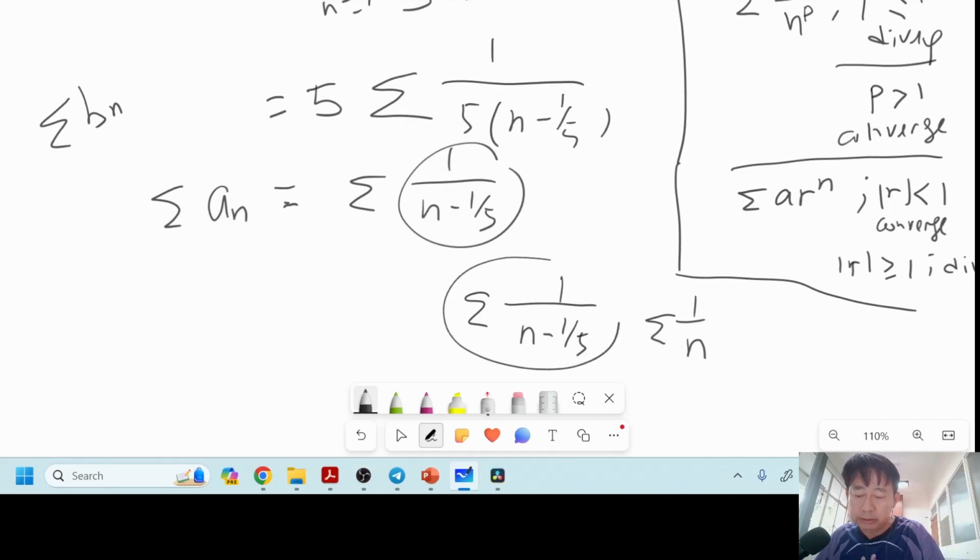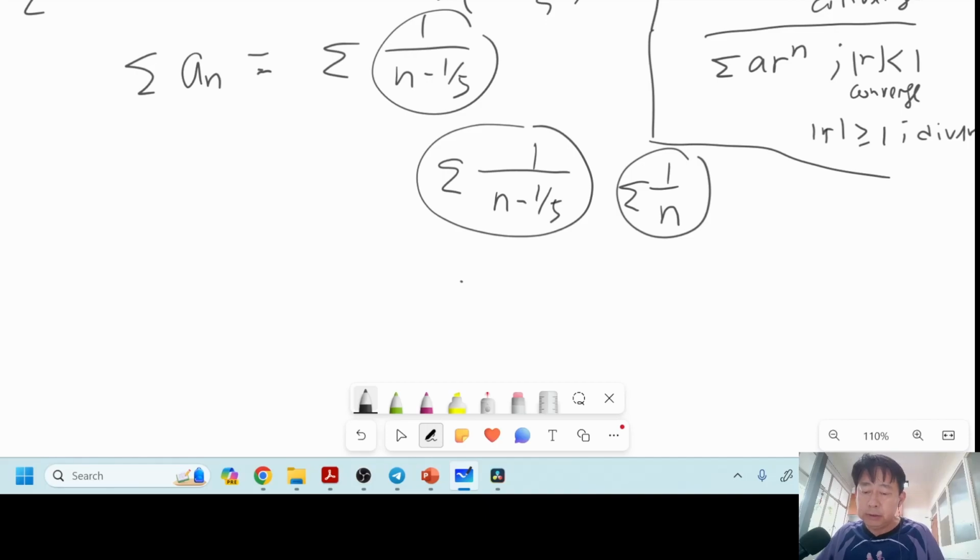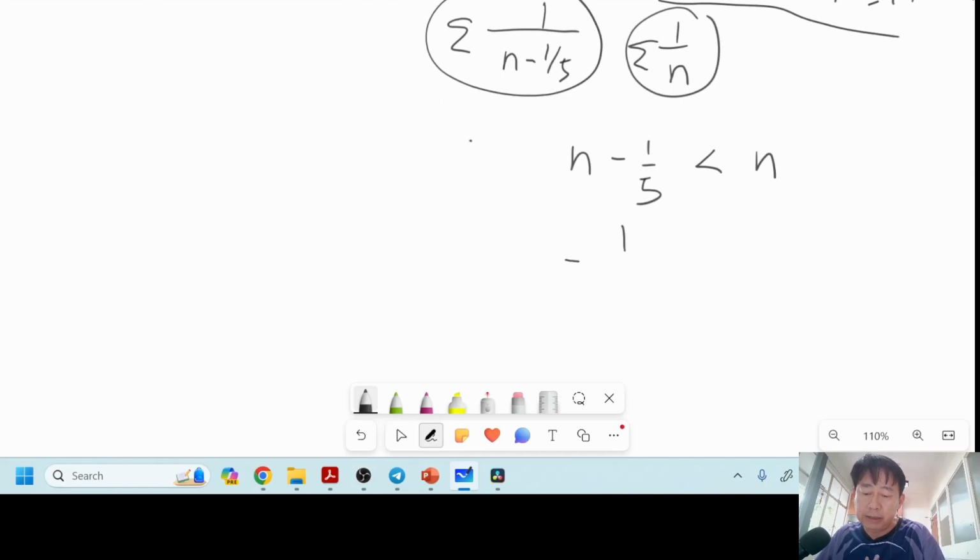So this and this are comparable. They are both very similar, and if you look at this, you find that n minus 1 over 5 is always smaller than n. If you take the reciprocal of it, then you reverse the sign from smaller to larger.